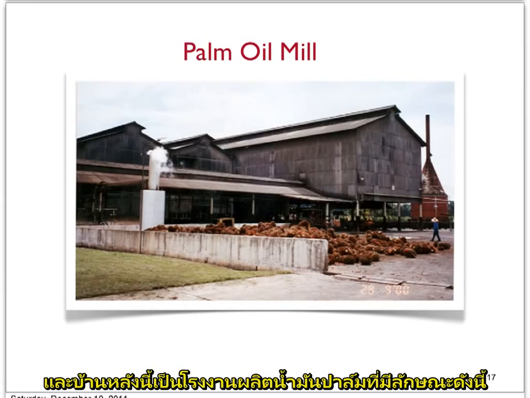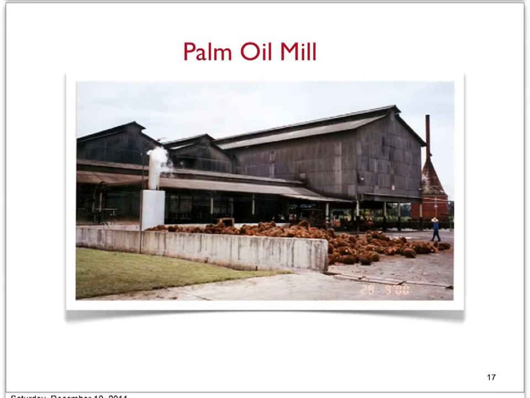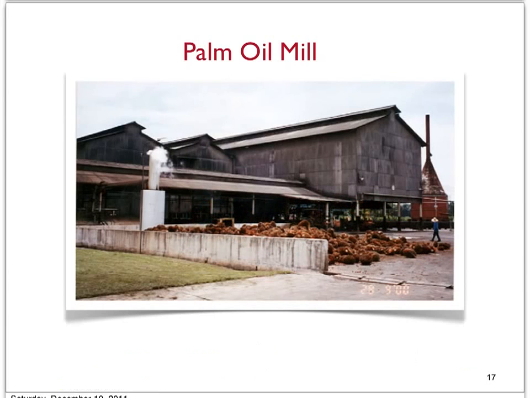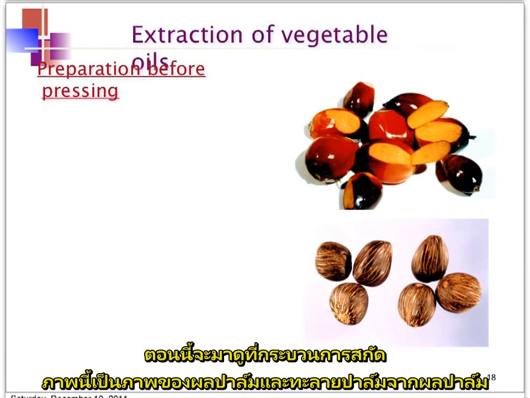And this is how the palm oil mill looks. You can see the oil palm fruit bunches being stored in the open space here, and inside here is where the processing takes place. So now let's look at the extraction process.